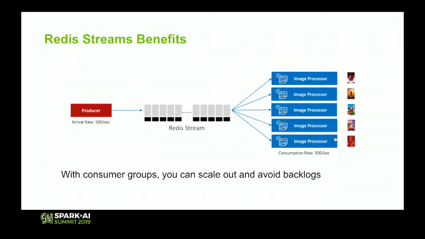You need 5 consumers, right? So what you can do is create a consumer group and have 5 consumers. It's like scaling out. And each consumer will get an exclusive set of images, so there won't be any duplication. It's automatically deduped, and each consumer will get a separate data set, and it's all done in real time.